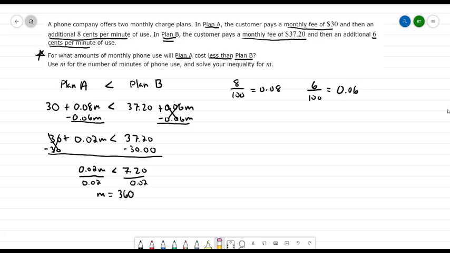And notice I made a mistake here. Be careful, because that does happen. We're used to solving equations that sometimes we end up putting an equal sign by mistake. It's supposed to be less than. So to answer the question, what amounts of monthly phone use will Plan A cost less than Plan B? Plan A will cost less than Plan B when your number of minutes is less than 360.